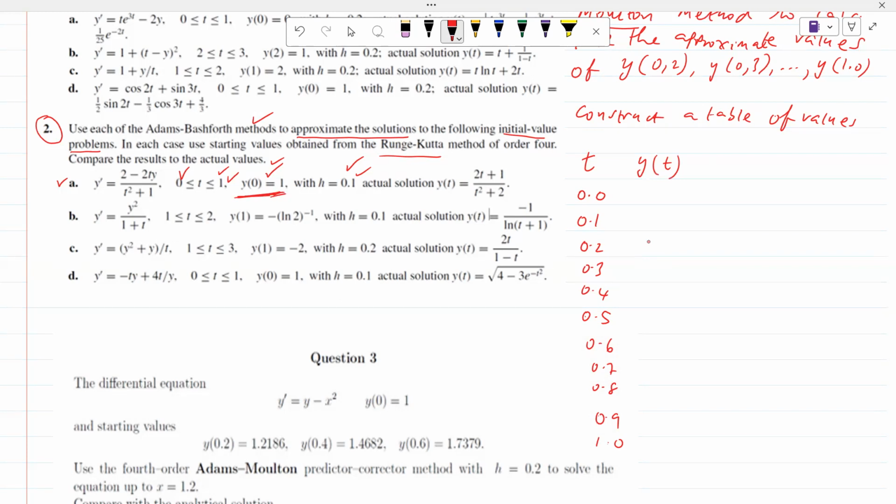And the initial value is this one. That at 0, the function is 1. So to 1 decimal place, you can write it as 1.0. It's the initial value. And then now we need to approximate the rest of this, ideally. So how do we approximate?